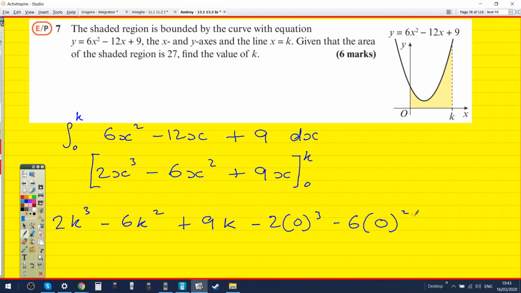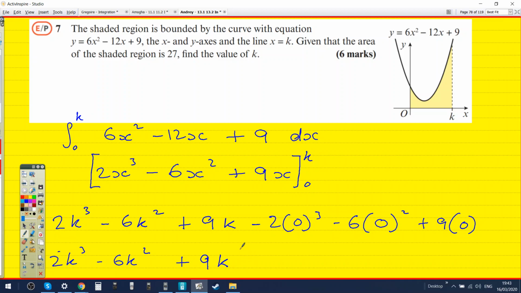And so overall that would come out as 2k cubed, sorry, first one's cubed, minus 6k squared plus 9k.